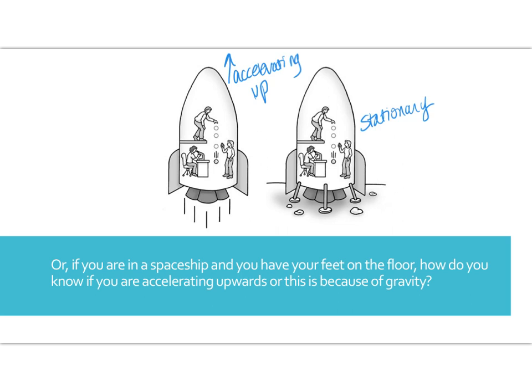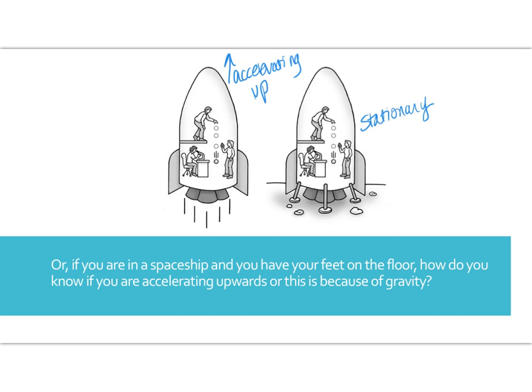And on the right-hand side, everyone is experiencing the same thing as in the spaceship that was accelerating, but the reason that they are is because they are safely on the surface of a planet or the moon or something, and they're actually experiencing gravity.